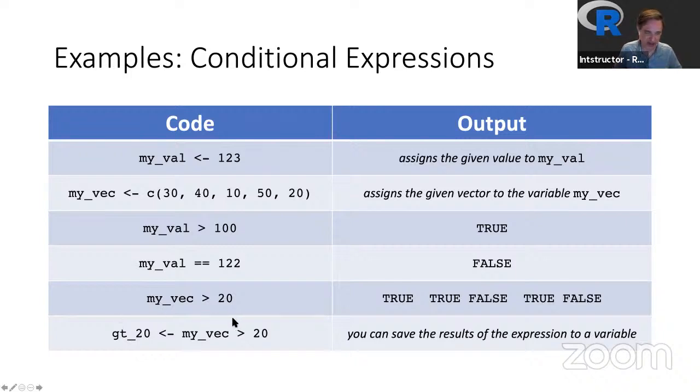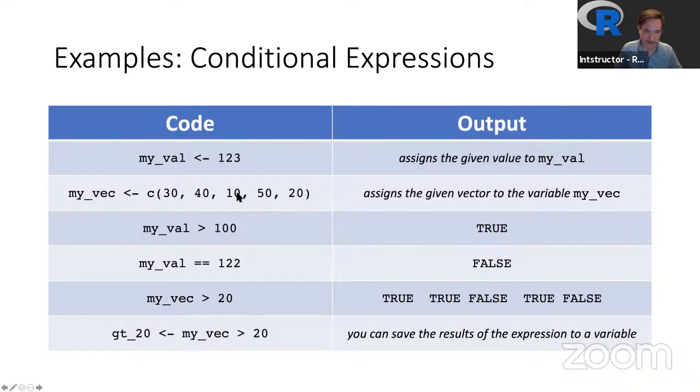Oftentimes, you want to save the results of the conditional expression. There's no reason you can't just take an expression like this and assign it to a new variable, say, greater than 20. It will give back, in this case, this vector: TRUE, TRUE, FALSE, TRUE, FALSE. Really important: it's not giving us back the items in the vector that are greater than 20.